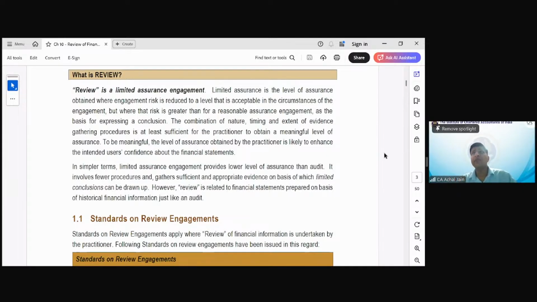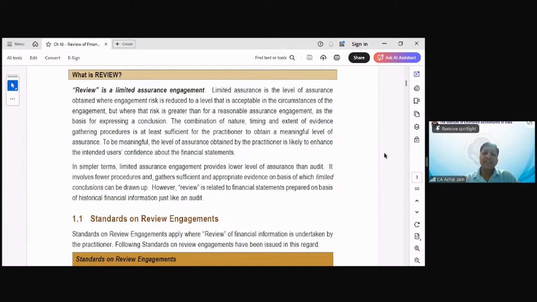Now, what is the meaning of limited work? Limited work means the procedures that he will perform, compared to an audit, are going to be lesser. Why?